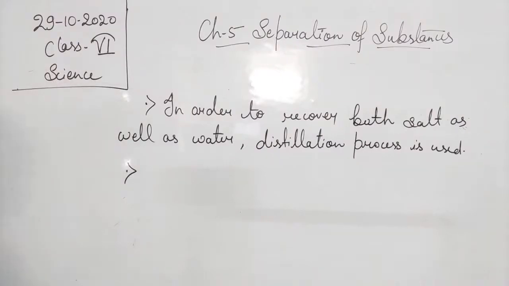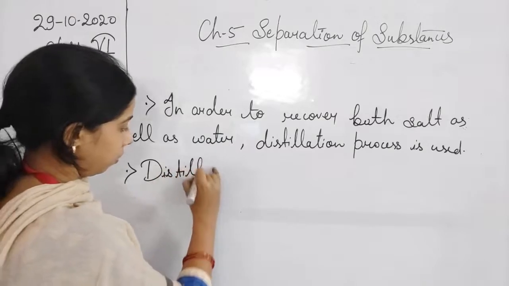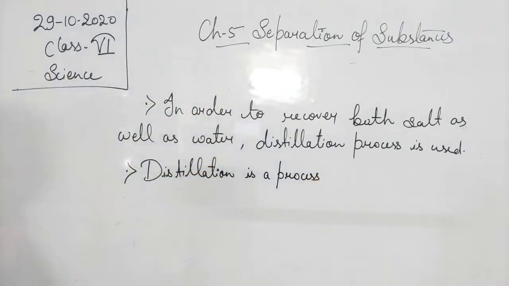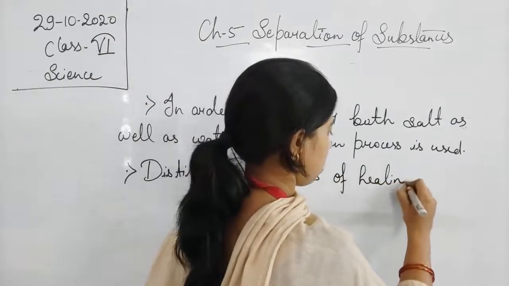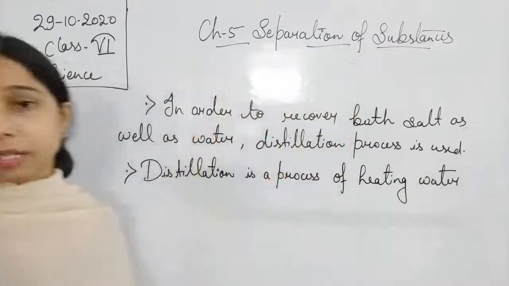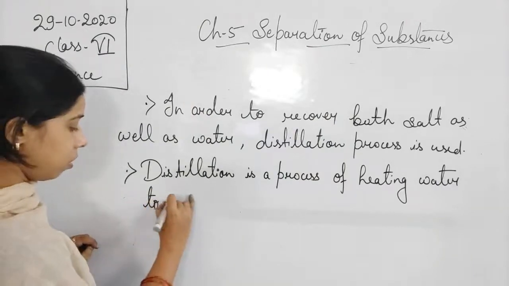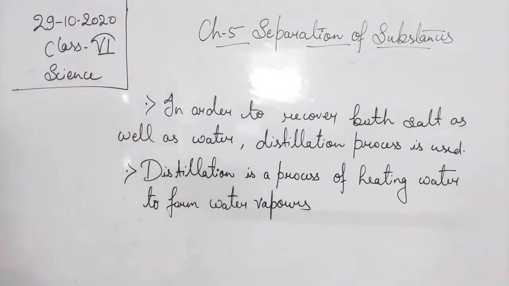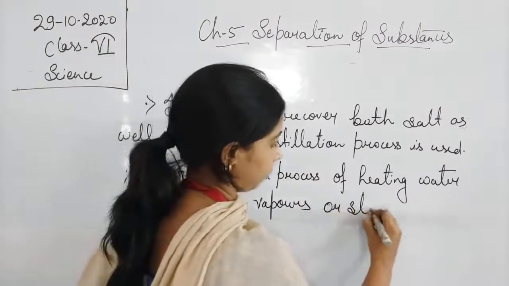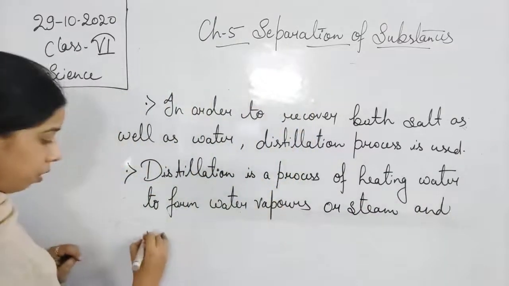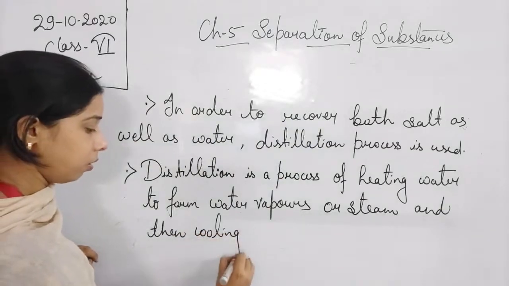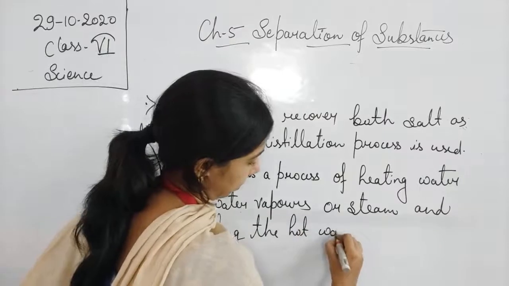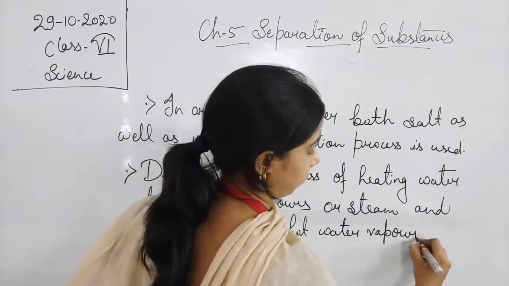So we can write it: Distillation is a process of heating water to form water vapors or steam, and then cooling the hot water vapor to get back liquid.